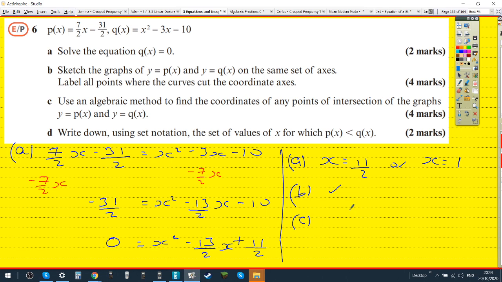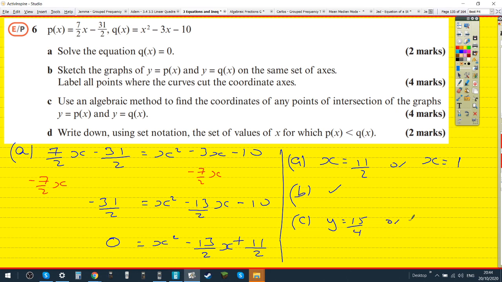So it'd be 7 over 2 multiplied by 11 over 2, which is 77 over 4. And then minus 31 over 2. So for x1, I got 15 over 4.